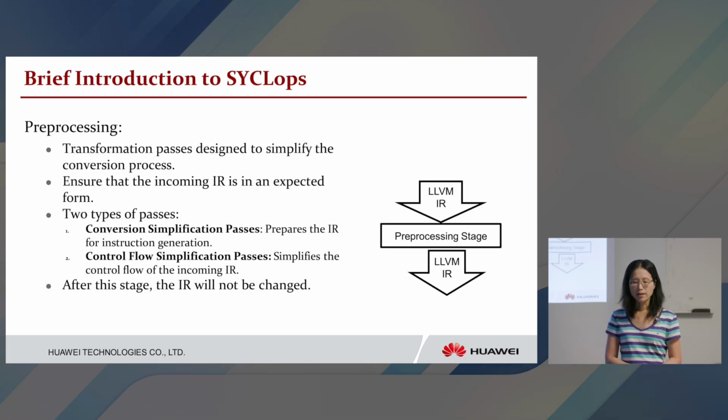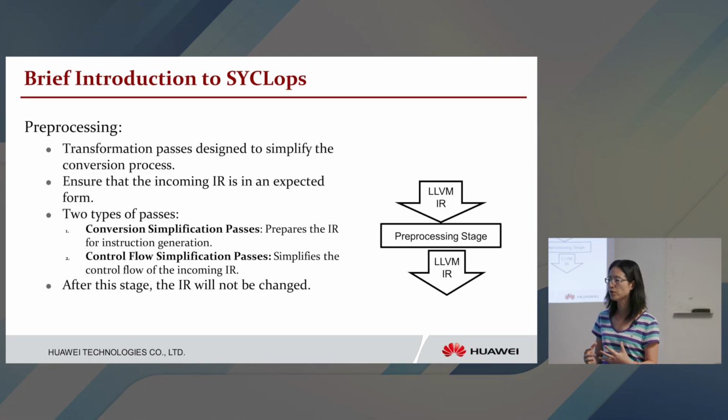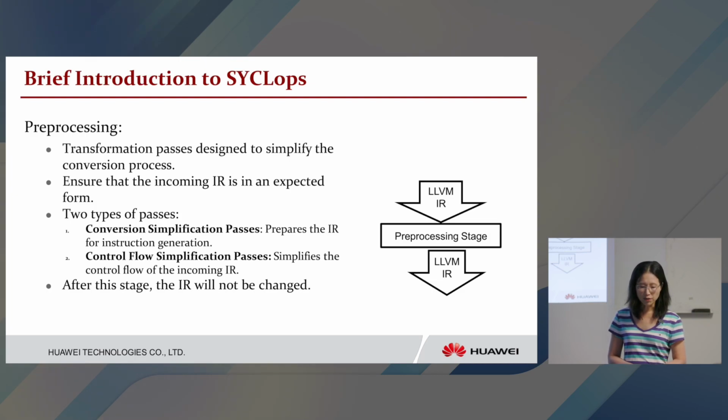Okay, so there are a few steps in our conversion process. The first step is the pre-processing step. This pre-processing step is to make sure the incoming IR is good for conversion. It's a little bit like preconditioning the IR to make it friendly for our converter. It performs two things: conversion simplification passes and control flow simplification passes.